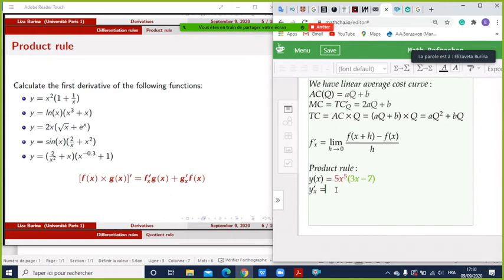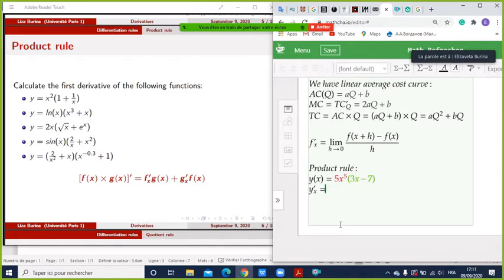Perfect. So we're going to take the derivative of this, then multiply it by this, then add the derivative of the green part multiplied by just the red part. The red part is our f and the green part is our g from the function on the left.